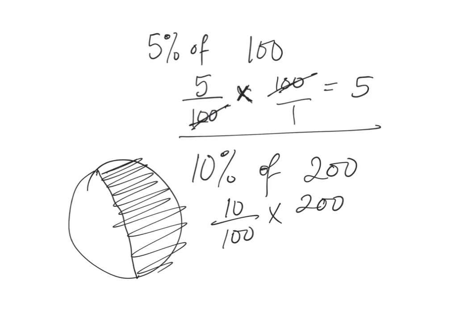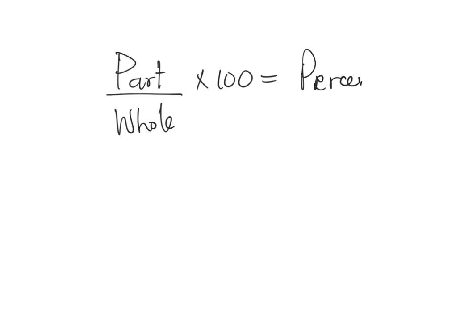It's important that you know the part over the whole, times 100, is equal to the percent. That is a formula that you can use. Part over whole times 100 is equal to percent. Let me know if you want more examples with the percentages.